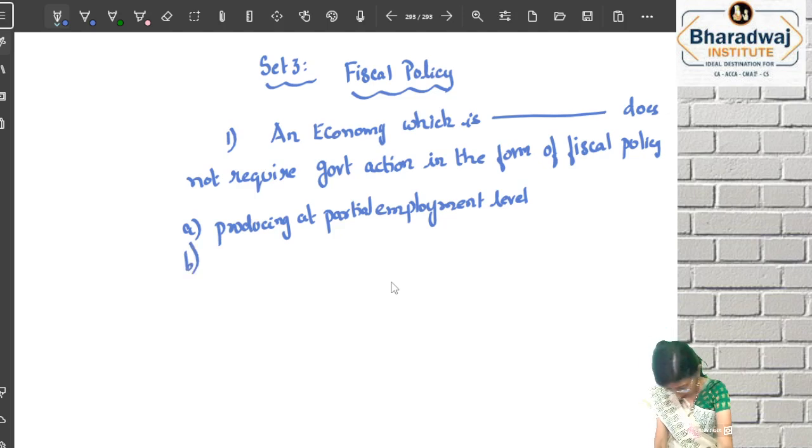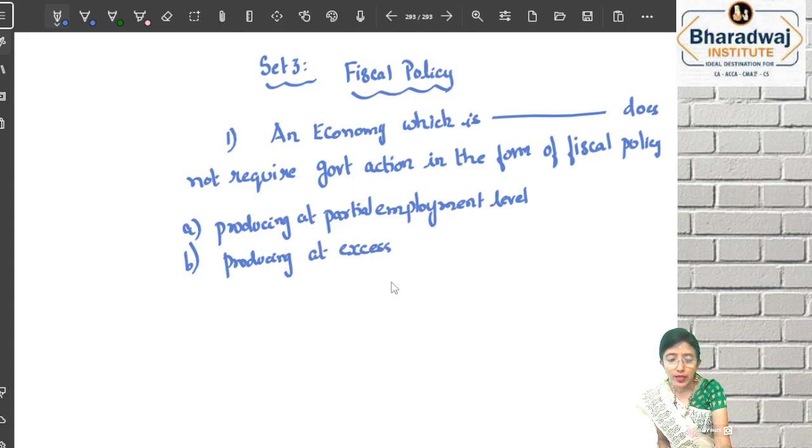Next one is an economy that is producing at excess employment level. Third one is an economy that is producing at full employment level.